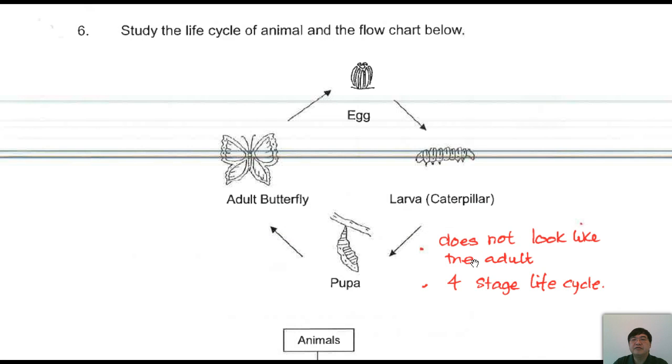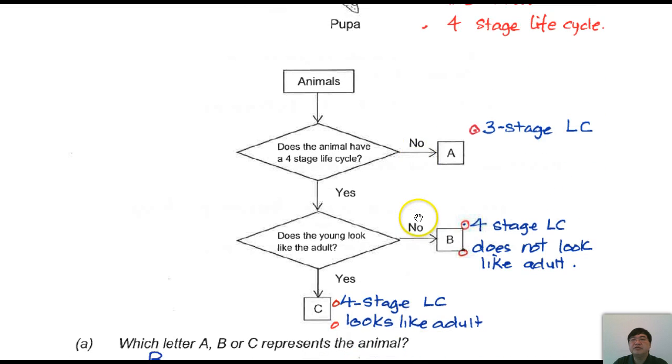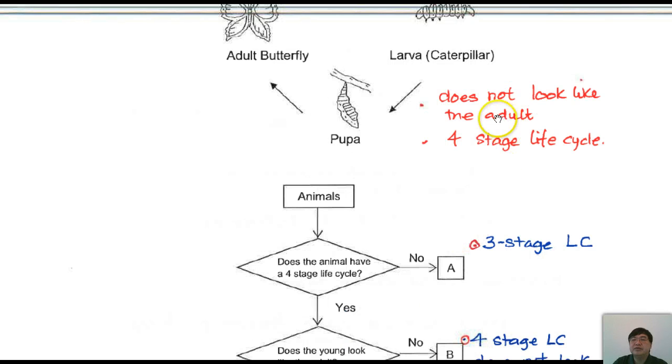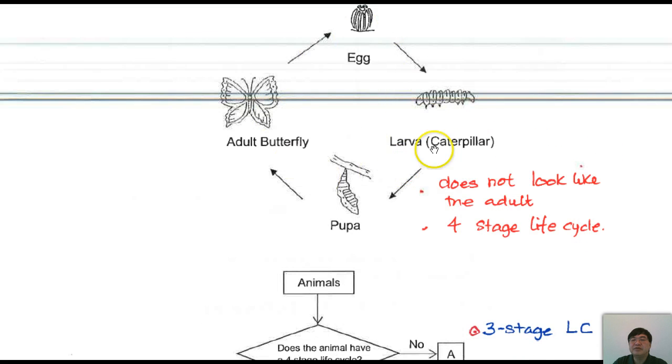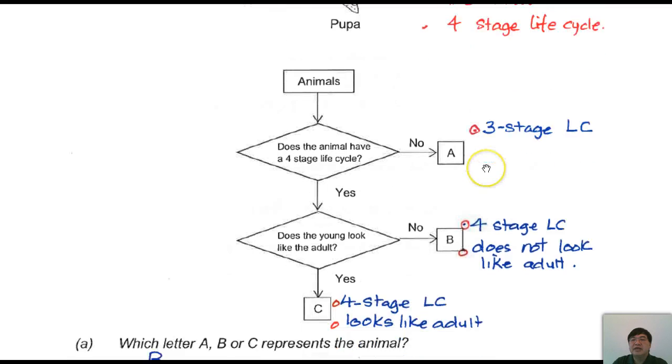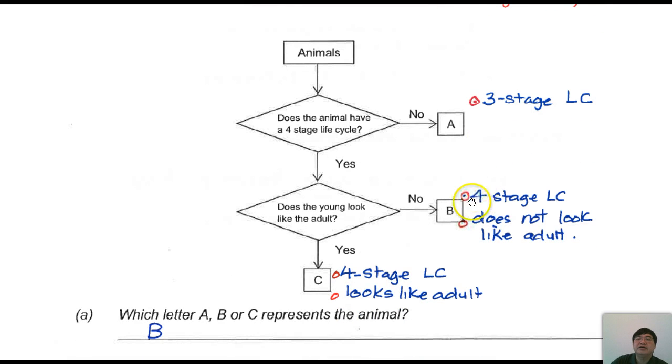Here, life cycle of a mosquito: the egg, the larva, pupa, adult. Once you put it over here, let's take a look. It does not look like the adult over here. This is a 4-stage life cycle. Now later on over here it says the animal. Does the animal have a 4-stage life cycle?